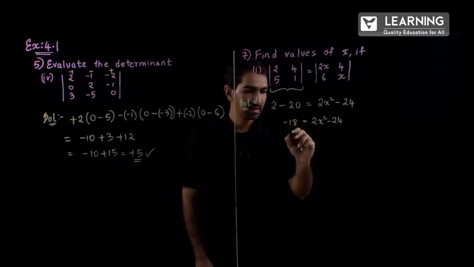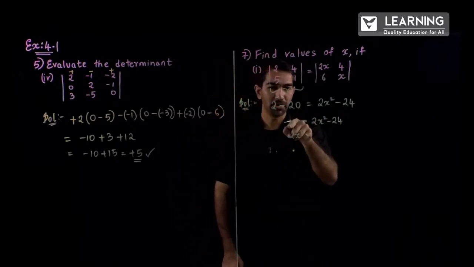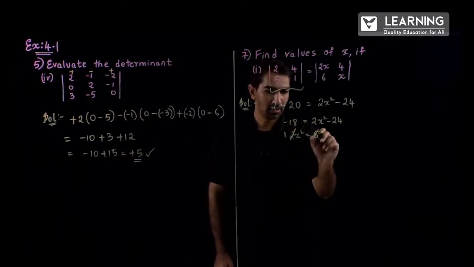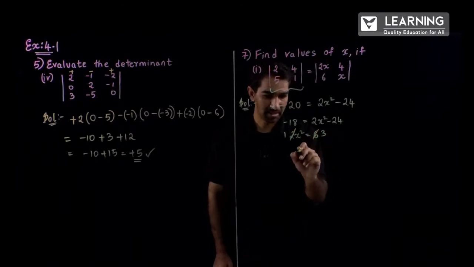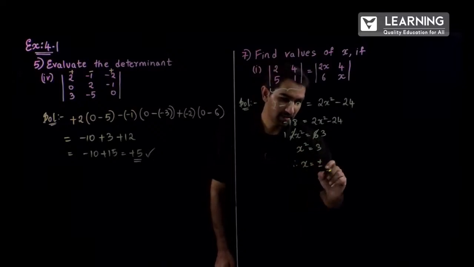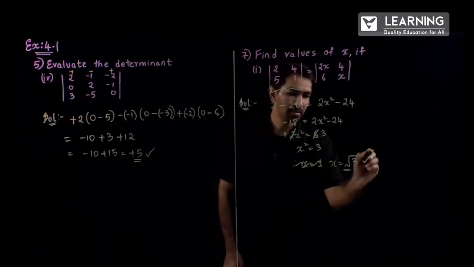Send this to that side. So 2x square will be equal to minus 18 plus 24; if it goes to that side, it becomes plus 24. Plus 24 minus 18 is 6. 2x square equals 6. So x square is equal to 3. Therefore x will be equal to, not plus or minus, x will be equal to root 3. So this will be your right answer.